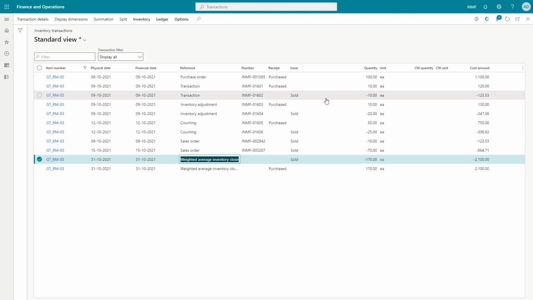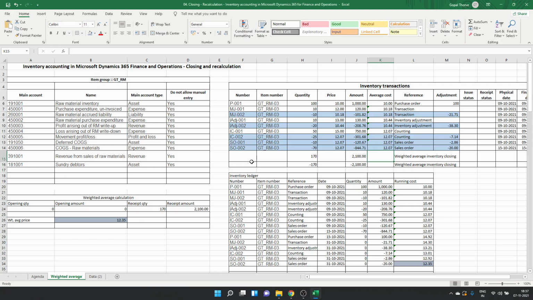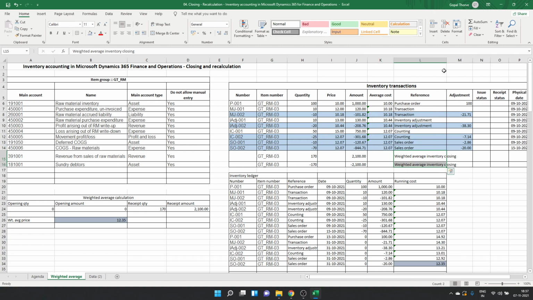And what is the number? The number is blank. This is the only transaction where the number is blank. The item is the same one for which we are doing this closing.